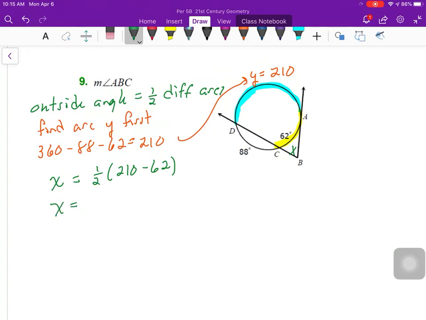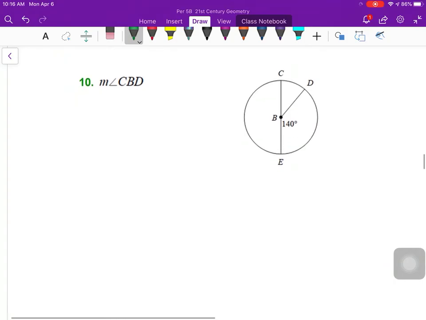So the x, the outside angle, is going to be half the big arc minus the small arc. So the x will be 74. So the measure of angle ABC, 74 degrees. The next one.